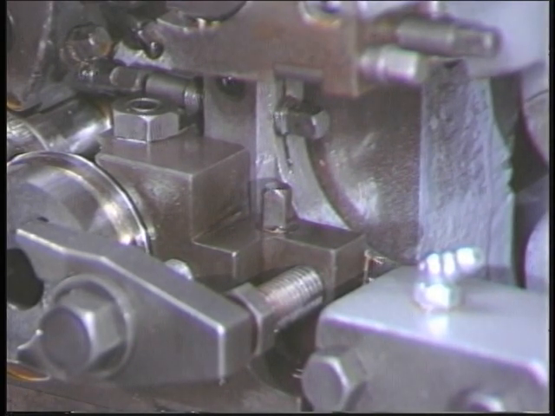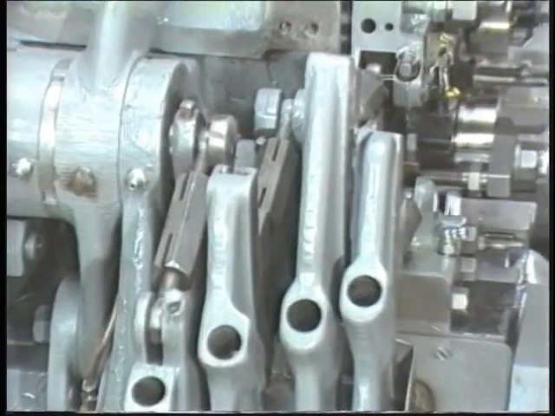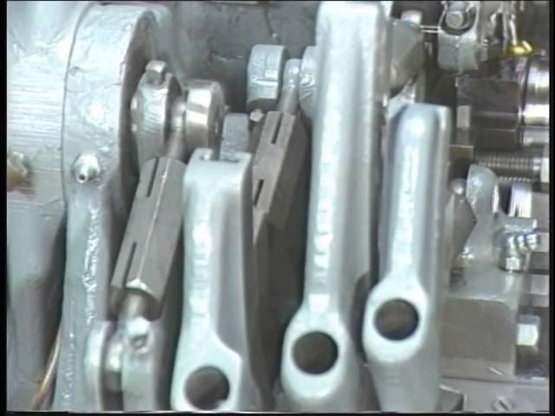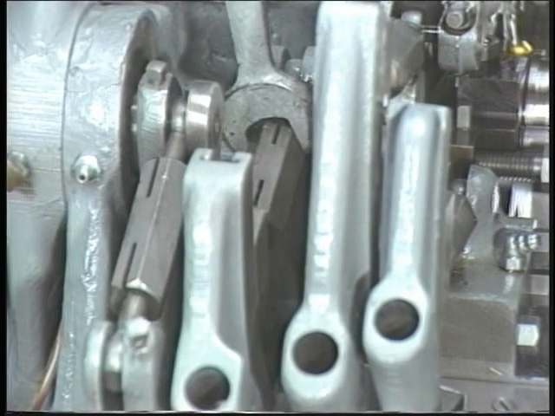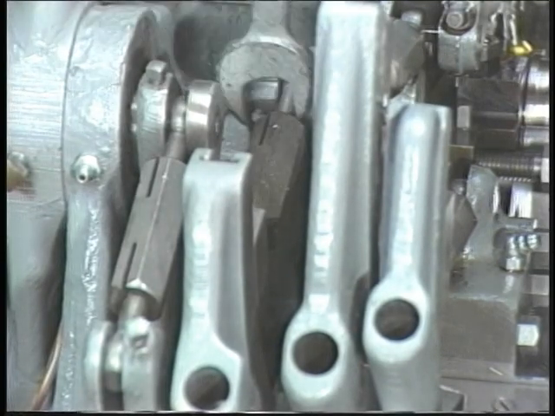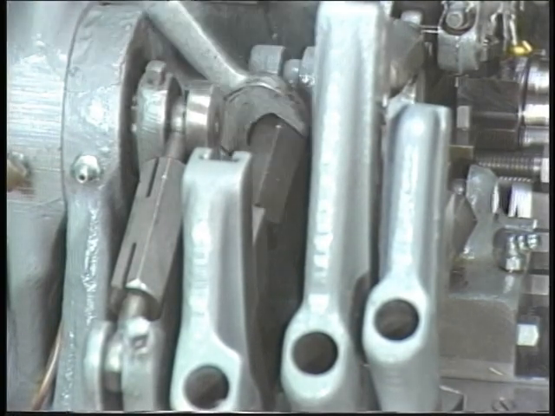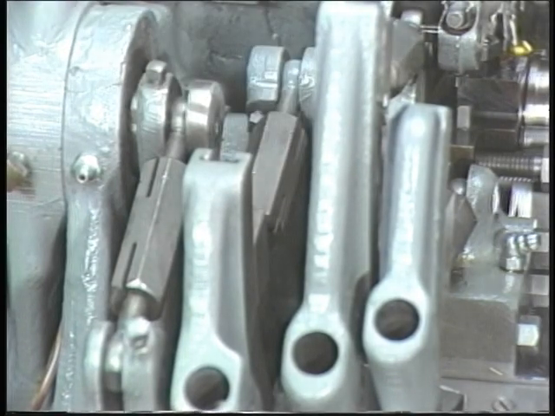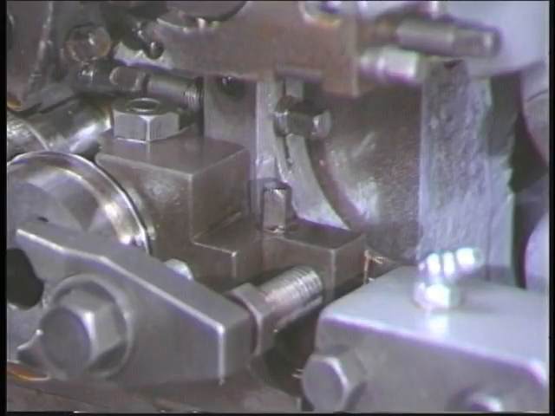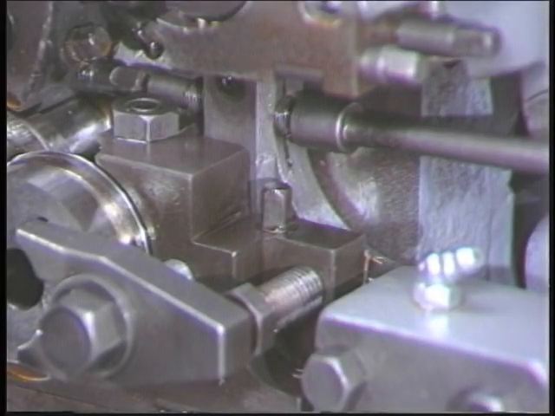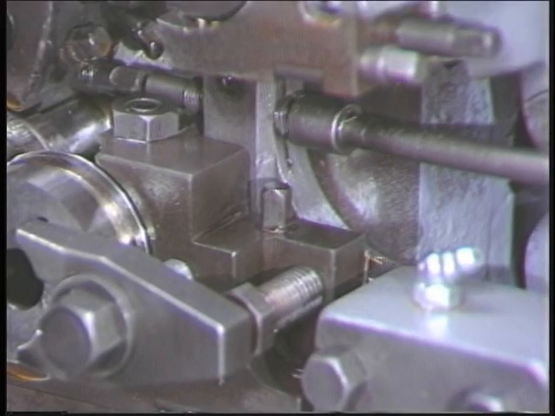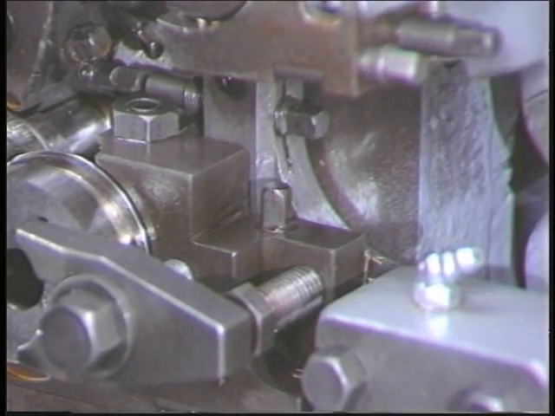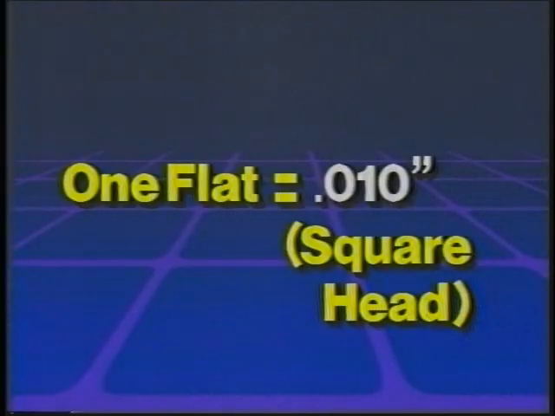If the workpiece needs to be made larger, turn the turnbuckle counterclockwise. Reset the tool post stop screw. Note: one flat adjustment on the stop screw is 10/1000ths movement.